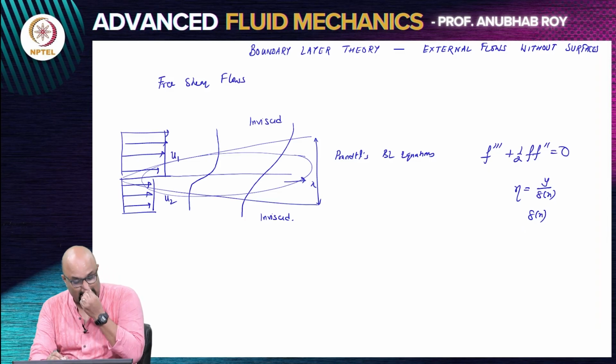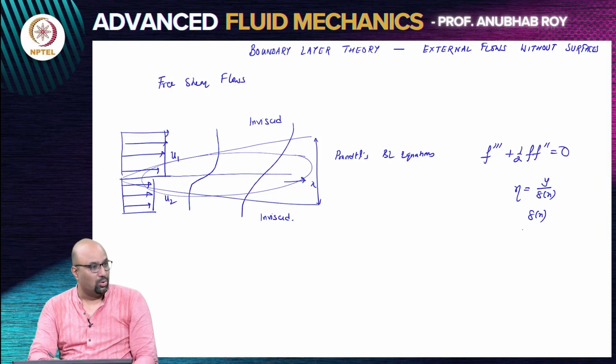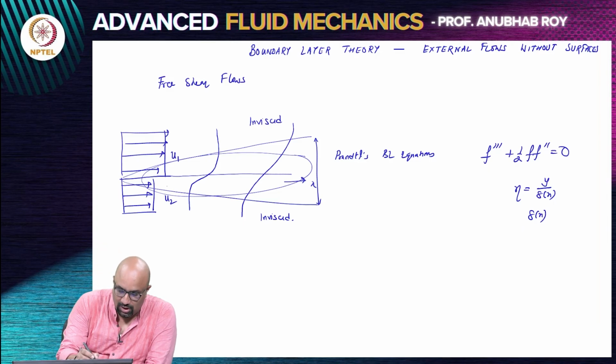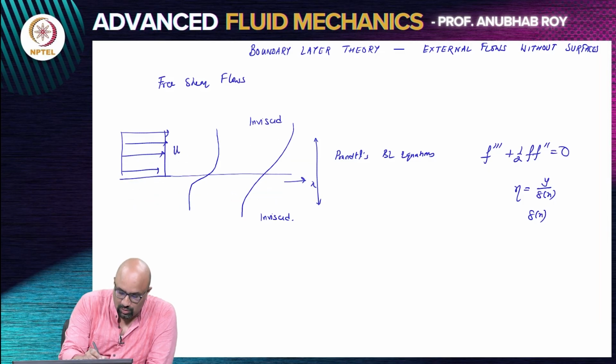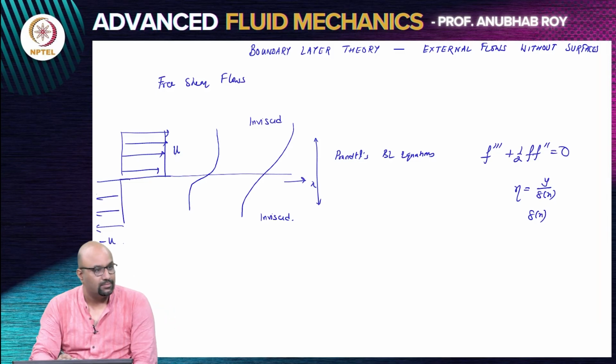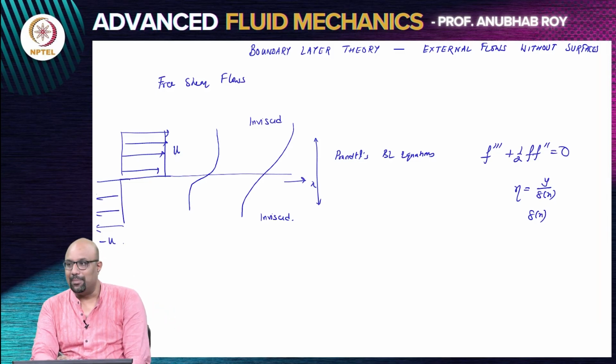So, to make things easier, because you have u1 and u2, what you can do is move in a reference frame which is moving with the average velocity, in which case you can transform this problem into one where the top moves with a velocity U and the bottom is moving in the opposite direction with a velocity minus U, where this capital U is nothing but (u1 minus u2)/2.